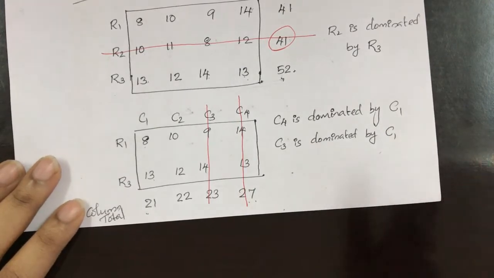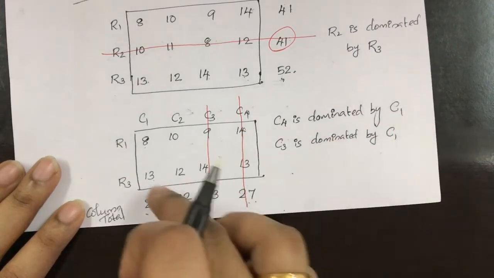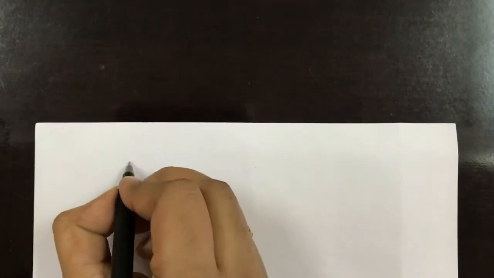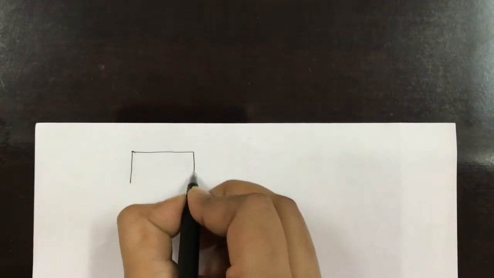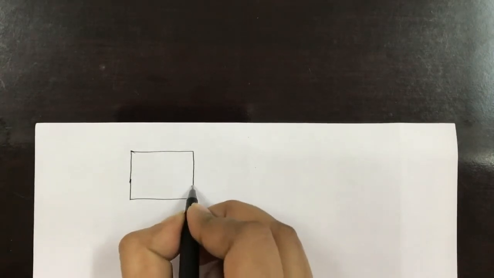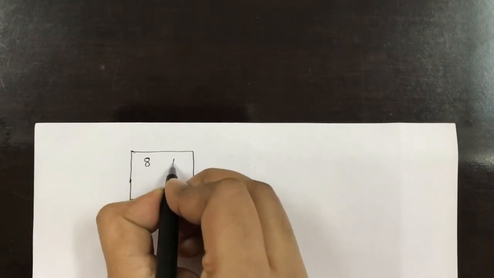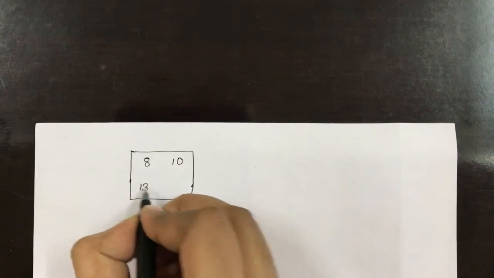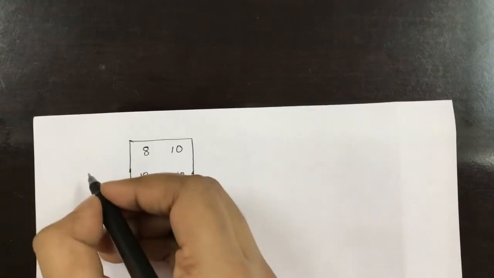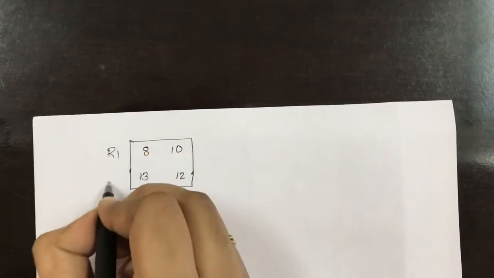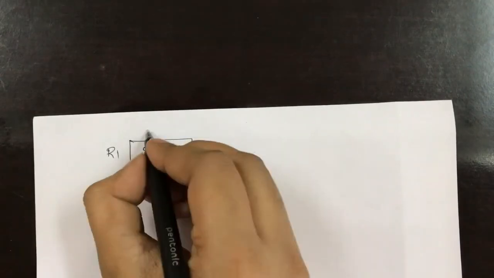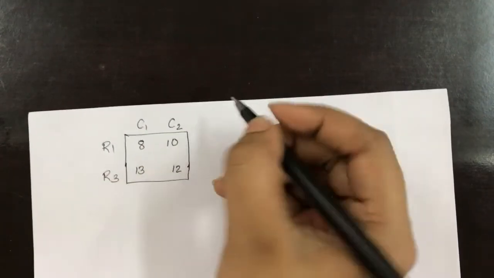Now we are going to again check for row dominance in the reduced matrix. This is the reduced matrix: 8, 10, 13, 12. This is R1, this is R3, and this is C1 and C2.